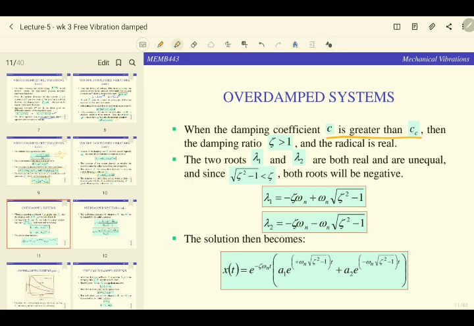If the damping ratio is greater than 1, then the radical is real, so we call it overdamped. In the list of equations, we will give you the different equations you need to use for the solution x(t) when zeta is greater than 1.